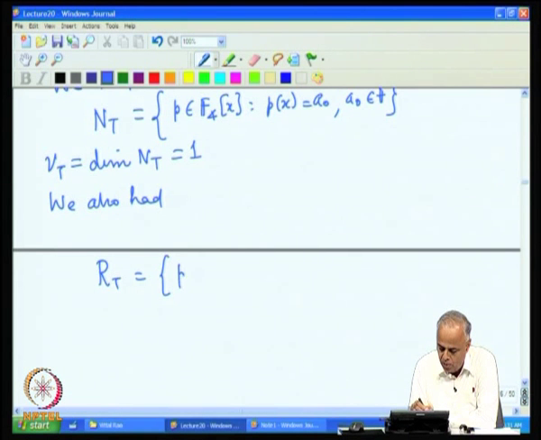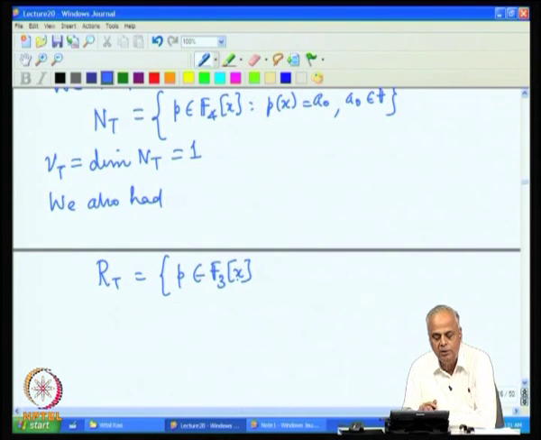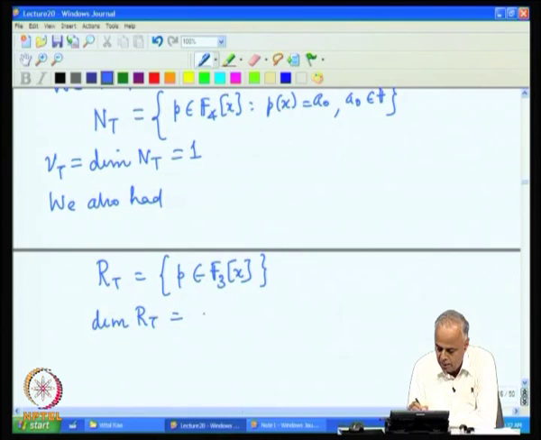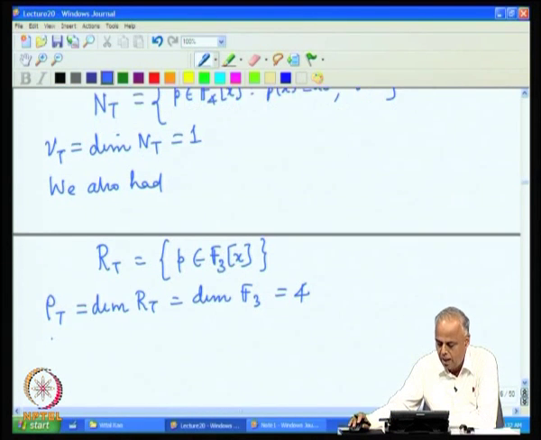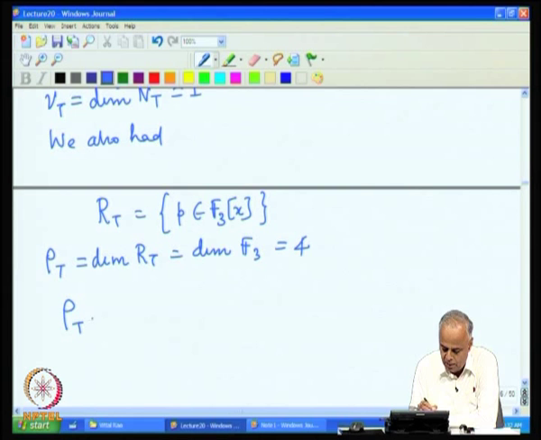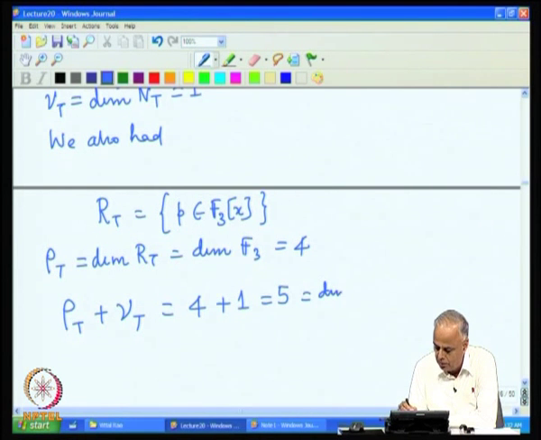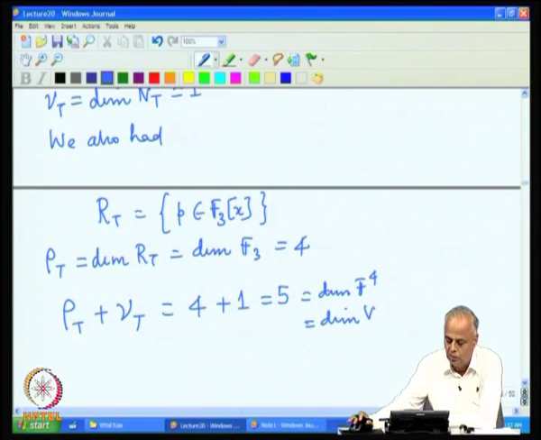to be the set of all polynomials which are in F3 x, because when you differentiate you lose 1 degree, and therefore, the dimension of R T is exactly the dimension of F3, which is 4, and this is what we call rho sub T, the rank of T. So, we have rho sub T plus nu sub T is 4 plus 1, which is 5, which is the dimension of F4, and which is what the dimension of V in this case was, because V was F4.